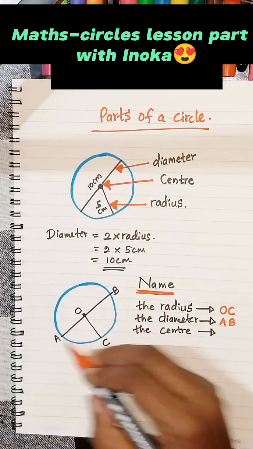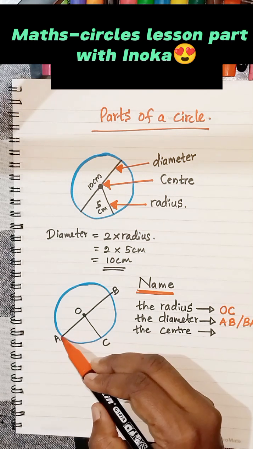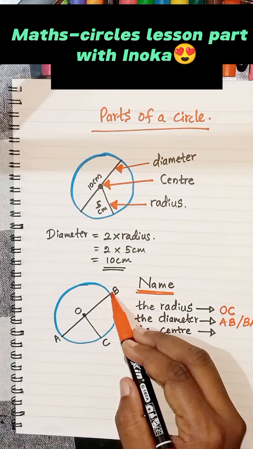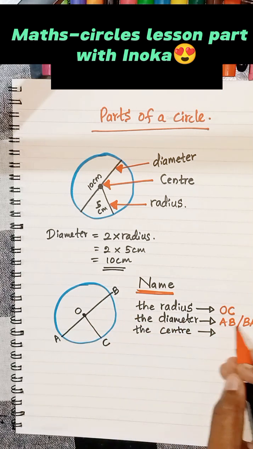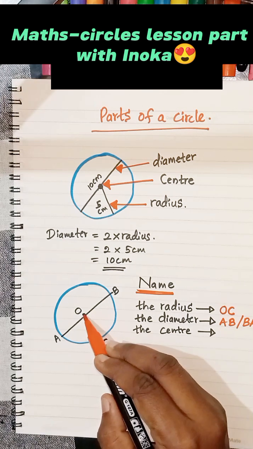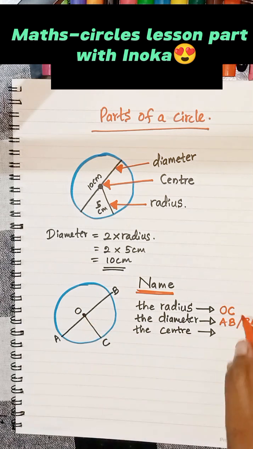Can't we change those letters? Can't we write BA? Can, no problem. If you say B is the starting point, then the finishing point is A. BA. Radius also we can write like that. It starts on O, C. Some can say CO. Both are correct.